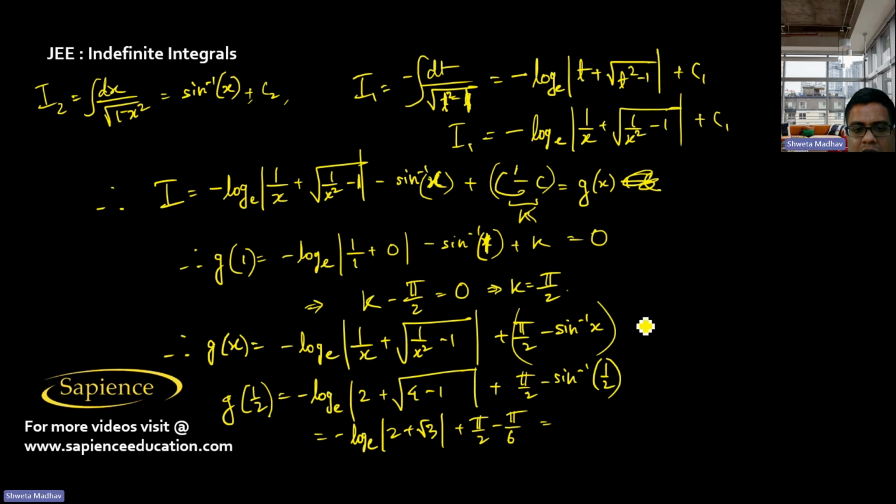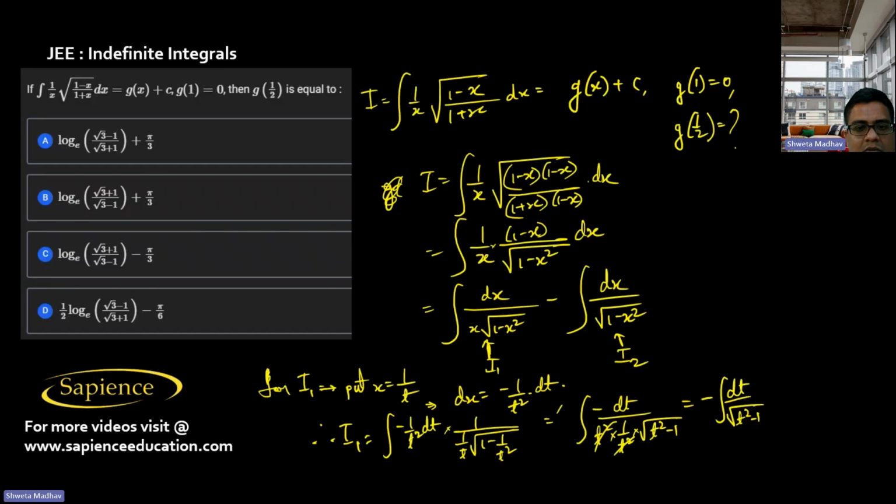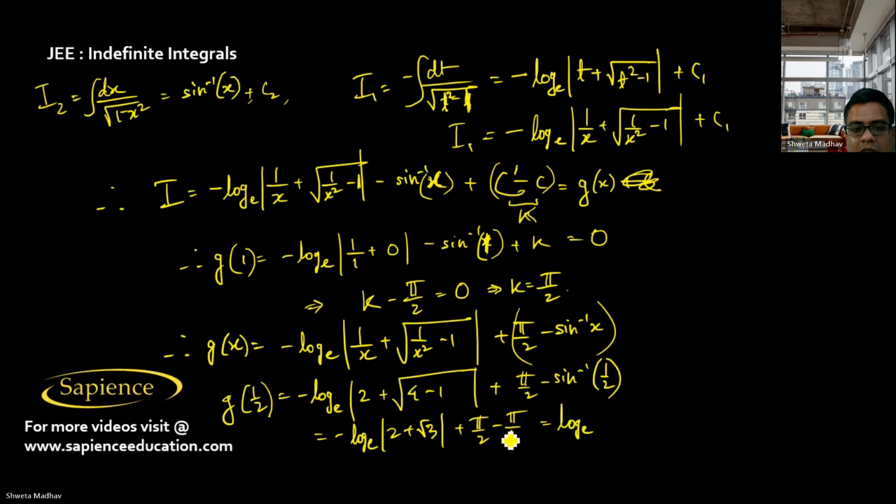So that is log base e 1 by 2 plus root 3 mod, plus 3 pi by 6, so 2 pi by 6, that is pi by 3. Now 2 plus root 3 I can say is root 3 plus 1 by root 3 minus 1, since if we rationalize it, we will get 2 plus root 3.